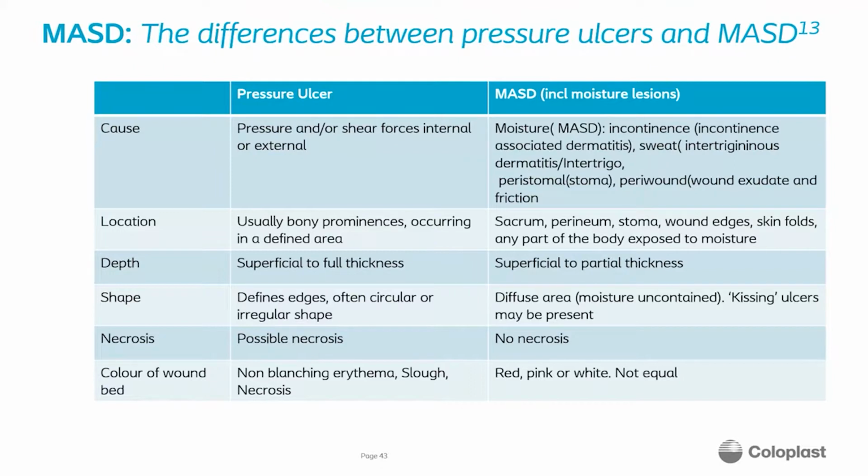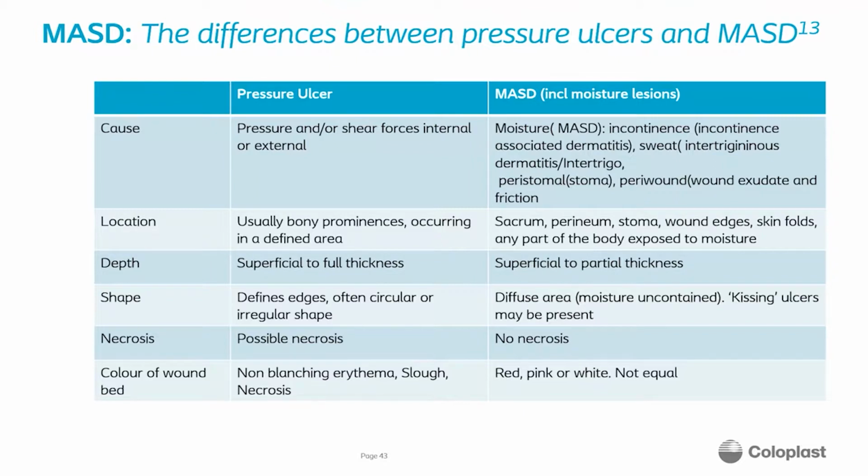Then location. And again, I've spoken a number of times now throughout this presentation about the anatomical location of the damage. Whether that's pressure or moisture, we really need to be identifying that. If it's directly over a bony prominence and is in one defined area, then it's likely to be pressure.